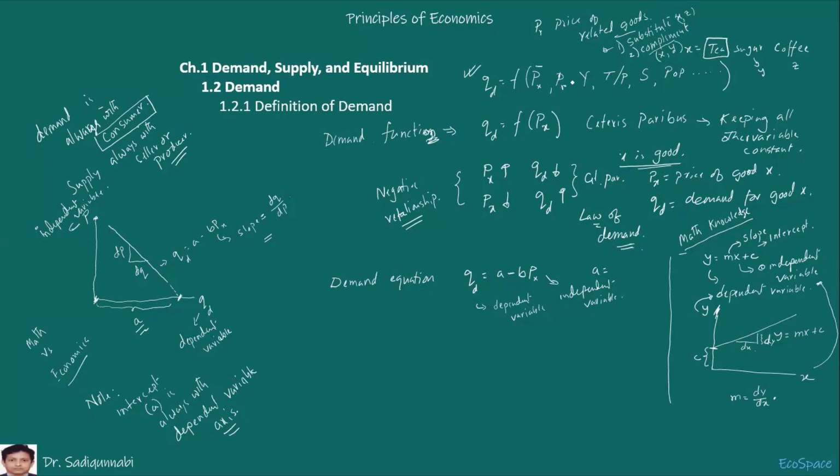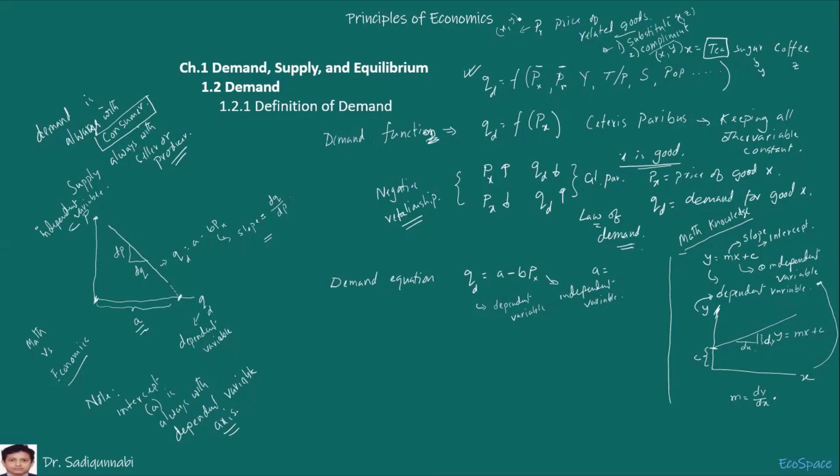So when PR is between X and Y, we said they are complementary. So when complementary, PR is negative. That means when the price of sugar increases, consumption of tea decreases.